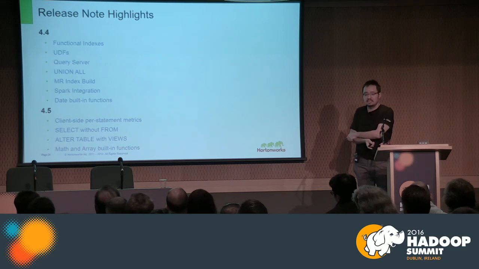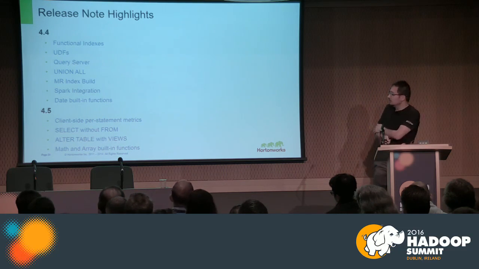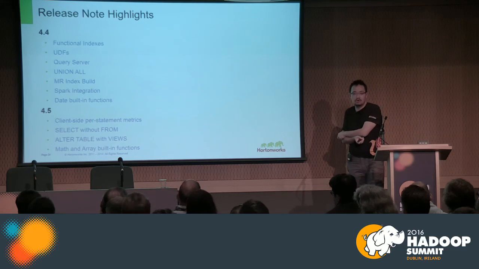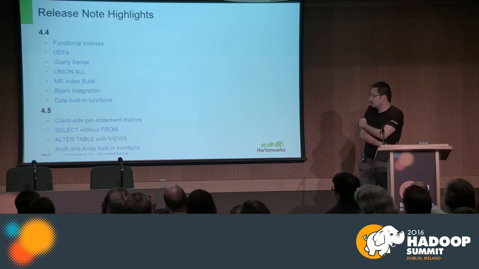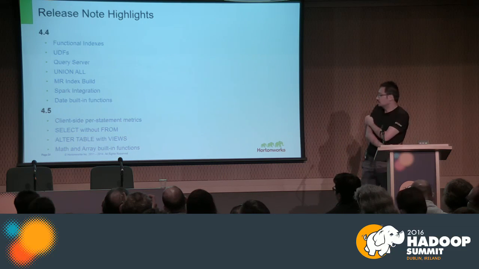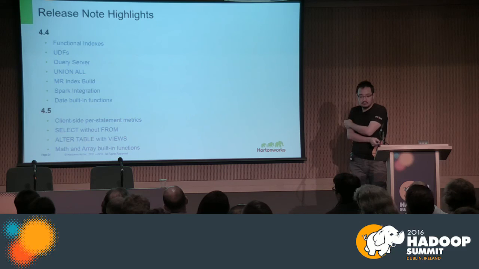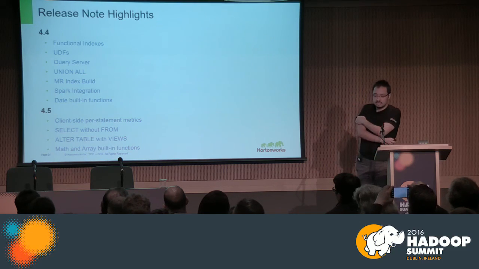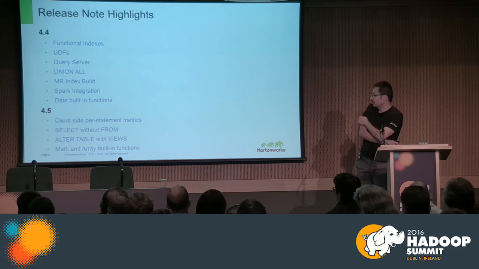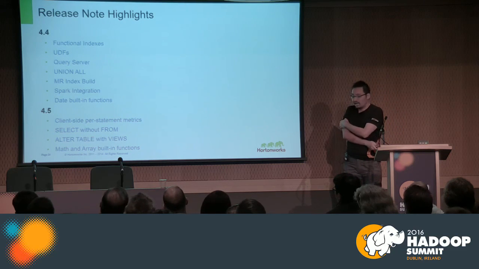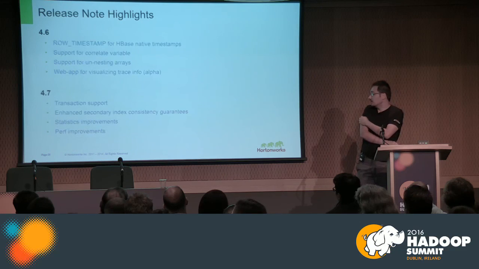It has functional indexes, UDFs, the query server, union support, MapReduce index build, Spark integration, and date functions. 4.5 comes with client-side per statement metrics, select statements without from clauses, alter tables with views, and a bunch of math and array-related functional improvements.